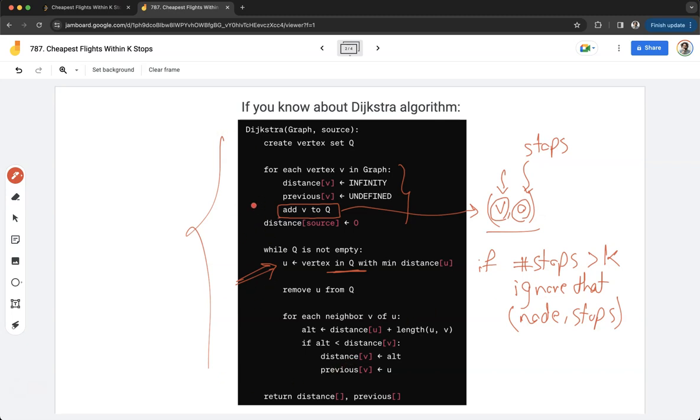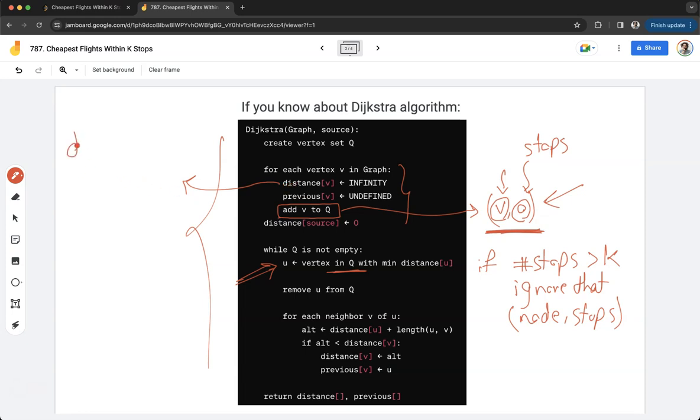And also, you should modify this distance. The distance should not be just distance v, it should be two-dimensional. It should represent what you are adding to the queue, your priority queue. Okay? So this is the case when you are implementing a Dijkstra and you are changing what you are adding to the queue. Most of the time, you should also change the distance.